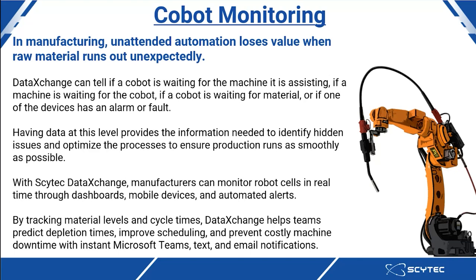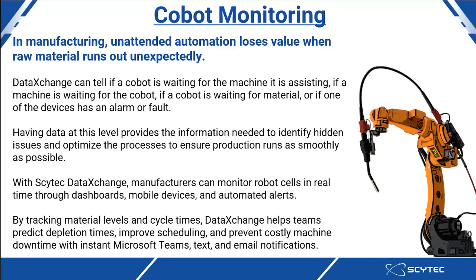DataXchange machine monitoring can tell if a cobot is waiting for the machine it is assisting, if a machine is waiting for the cobot, if a cobot is waiting for material, or if one of the devices has an alarm or fault. Having data at this level provides the information needed to identify hidden issues and optimize the processes to ensure production runs as smoothly as possible.